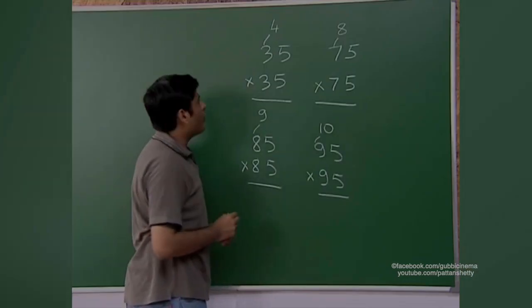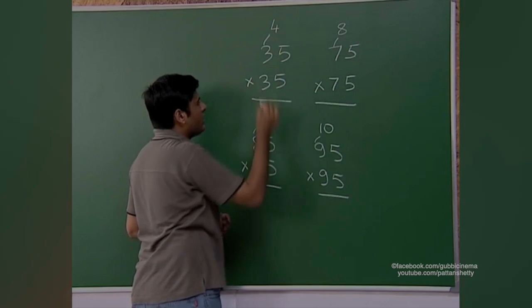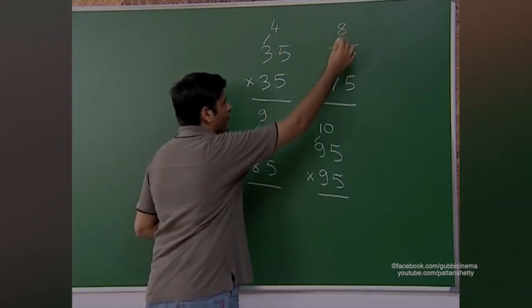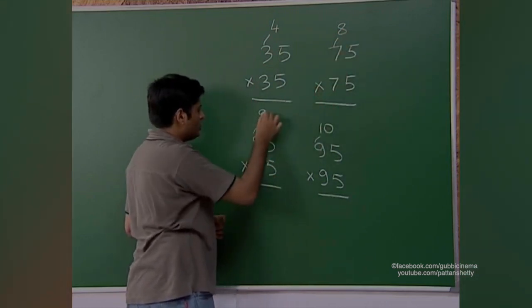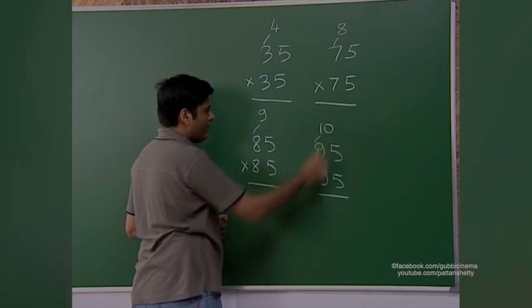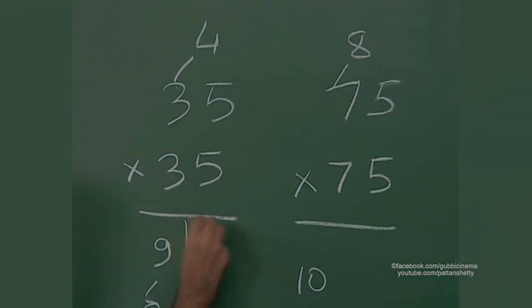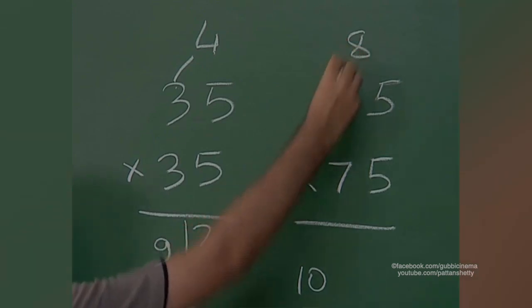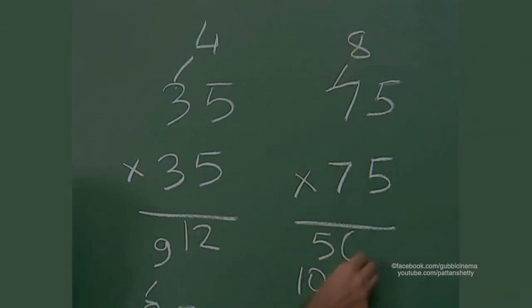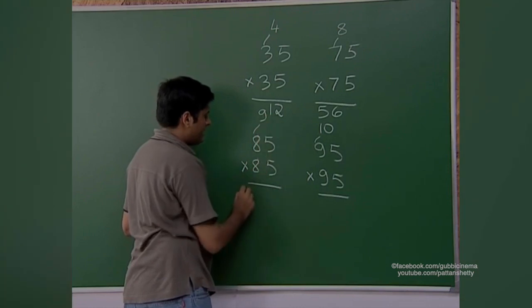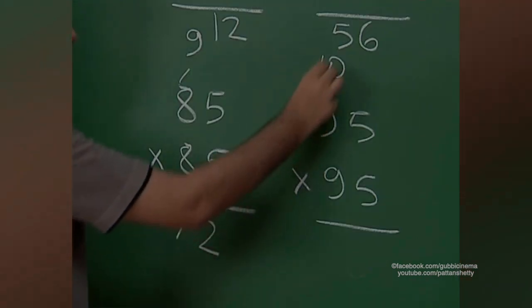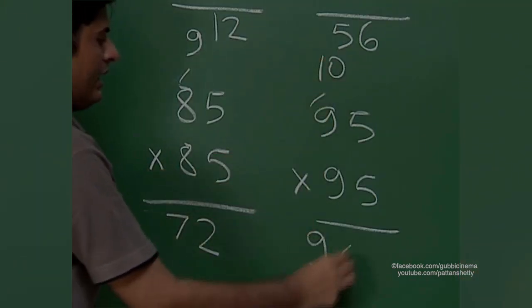So then we are going to multiply these two numbers and write the answer here, and likewise for each pair. So first I multiply 3 times 4 is 12, 7 times 8 I get 56, 8 times 9 I have 72, 9 times 10 is 90.